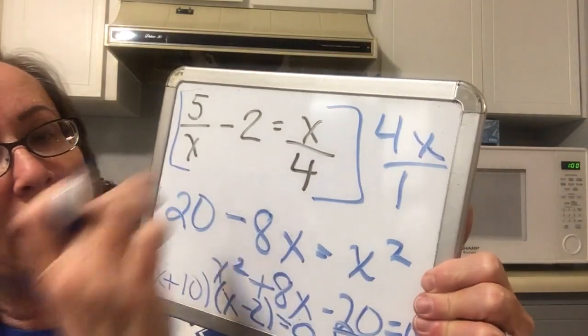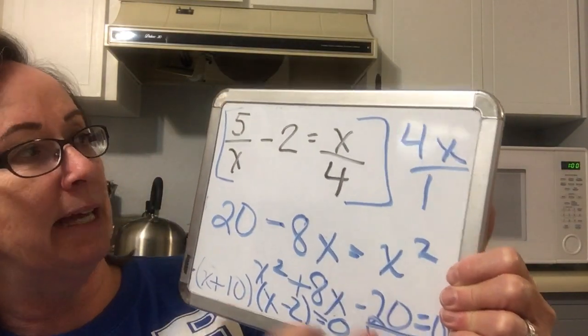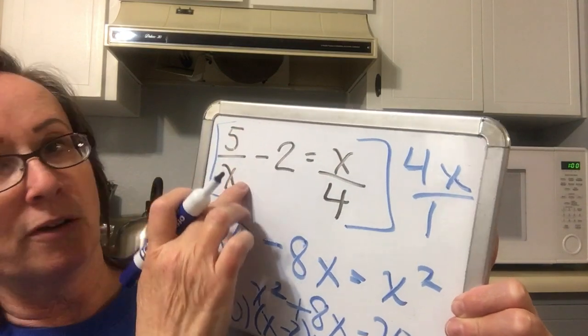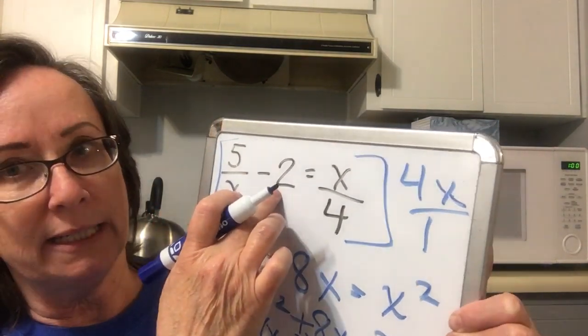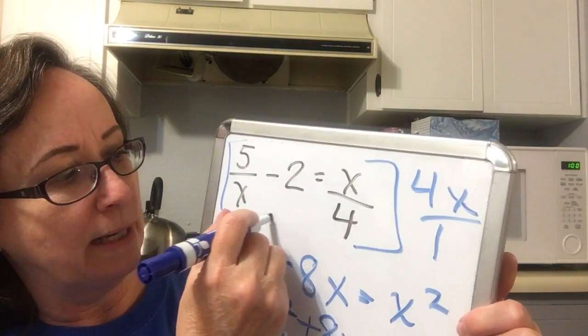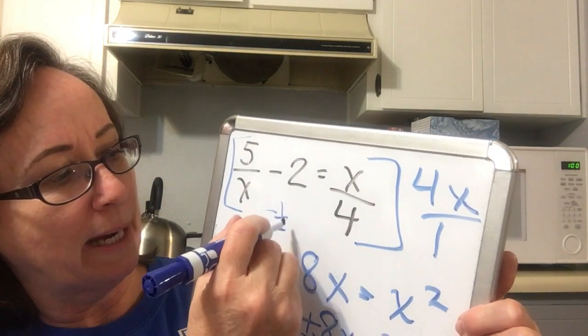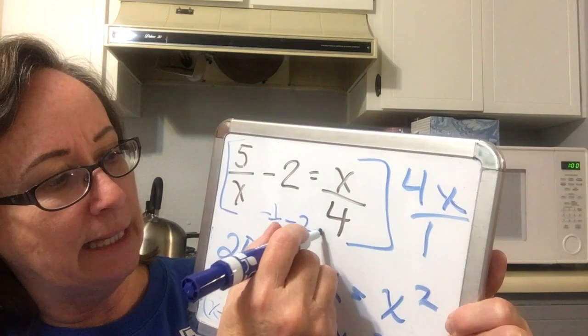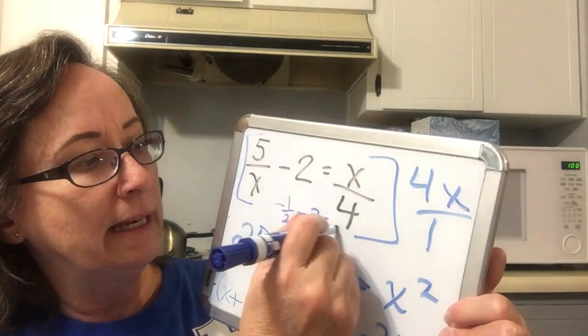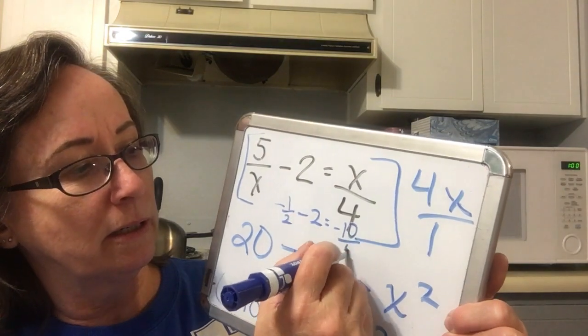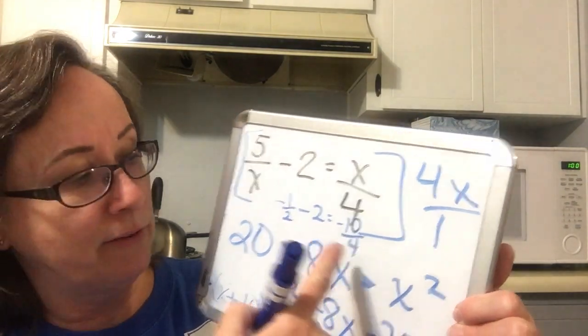And if I go back up and plug in a negative 10, I get 5 over negative 10, which is negative 1/2, minus 2. So negative 1/2 minus 2 is equal to negative 10 over 4, and negative 10 over 4 is negative 2.5.